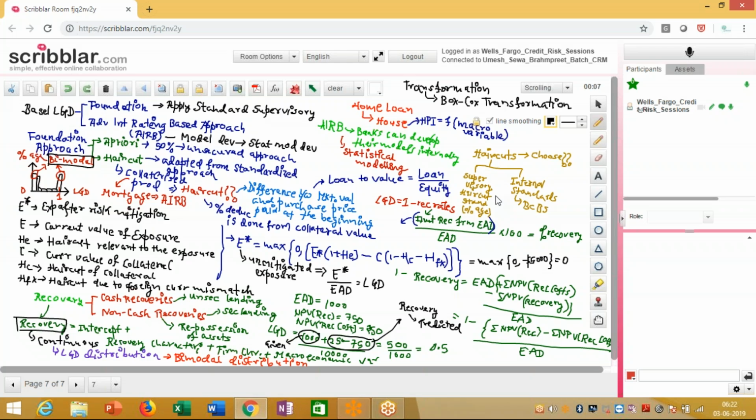In today's discussion, our focus would be more on the advanced internal rating based approach. We did introduce some of the basic definitions under the AIRB approach. We said that LGD was nothing but 1 minus the recovery rate, and it generally has a bimodal distribution.